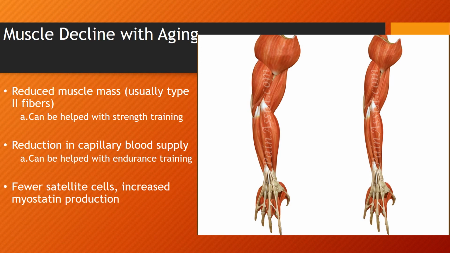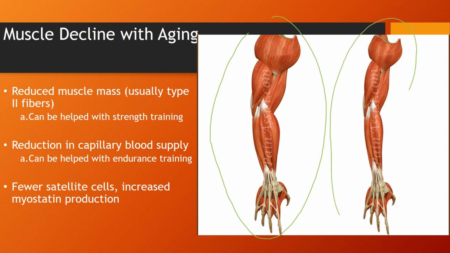In this image, here's a healthy, normal 25-year-old, and here's a 70-year-old individual. This loss of muscle mass is called sarcopenia.